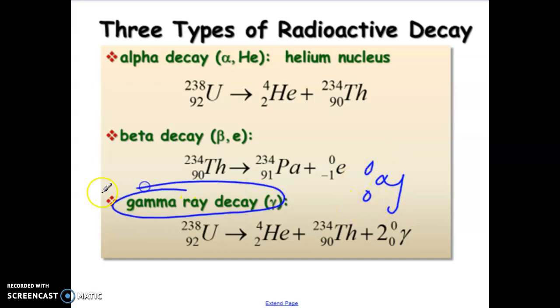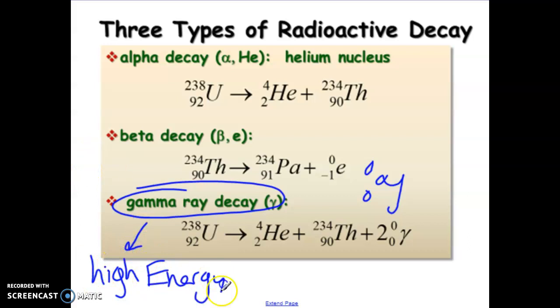So the gamma ray particle is really a high energy wave. It's almost like a burst of energy that is let off when you have this decay happening. So gamma ray decay never happens alone. It either happens with beta or with alpha. You'll never just have gamma particles being let off on their own. It's kind of like a side effect that can happen sometimes when the other types of reactions occur.